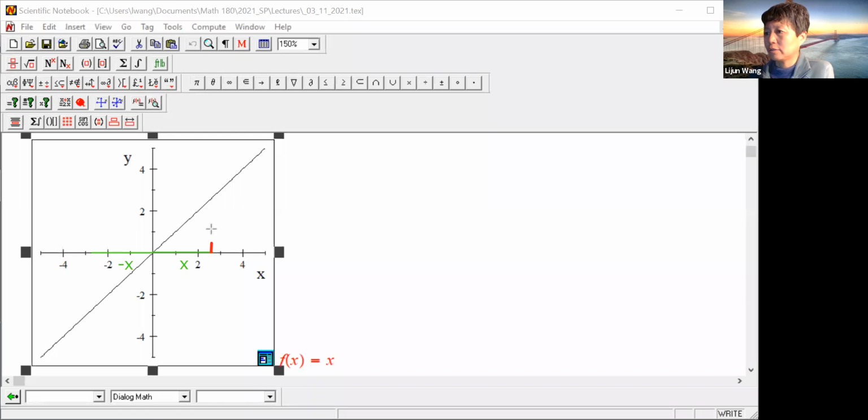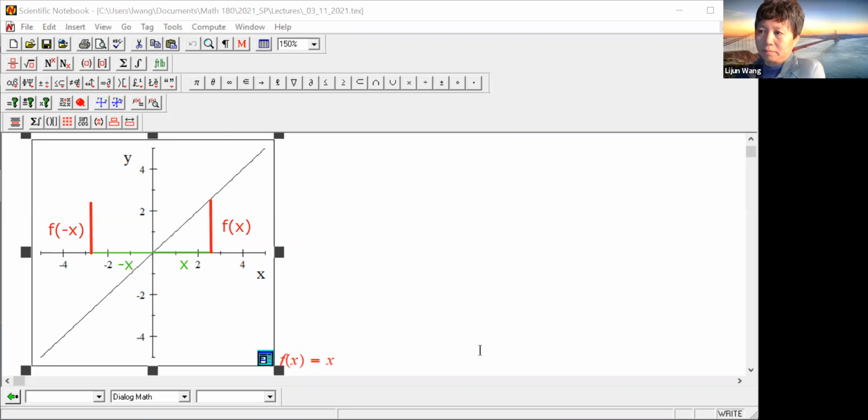For this x, the output is y. I'm sorry, this is f of x. And this part is negative x, and therefore we're going to draw f of negative x.